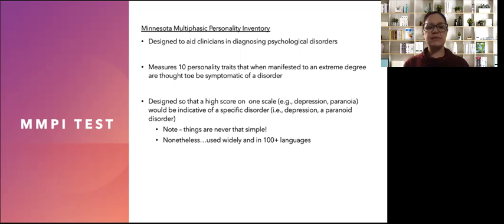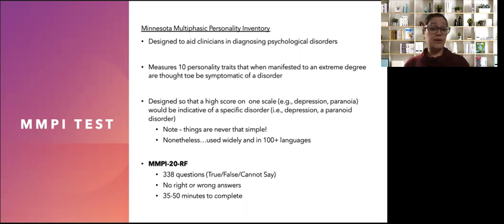But the test is still widely used, even though there is this sort of caveat or issue with it in terms of being a little too simplistic. The current one being used is the MMPI-2. There's about 340 questions on it, and it usually takes individuals anywhere from half an hour to almost an hour to complete.